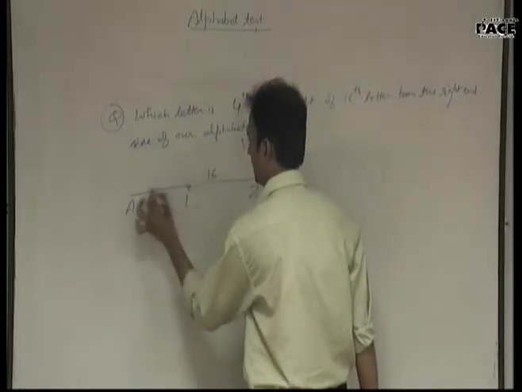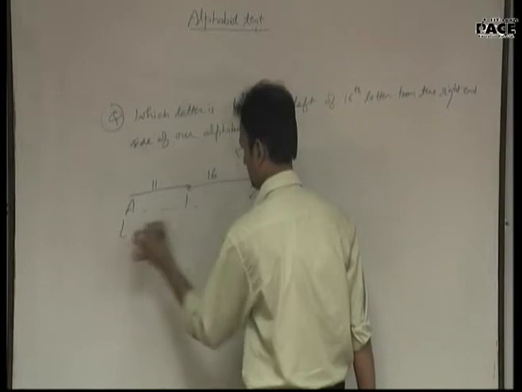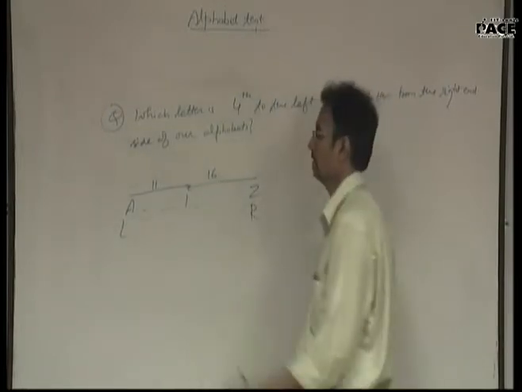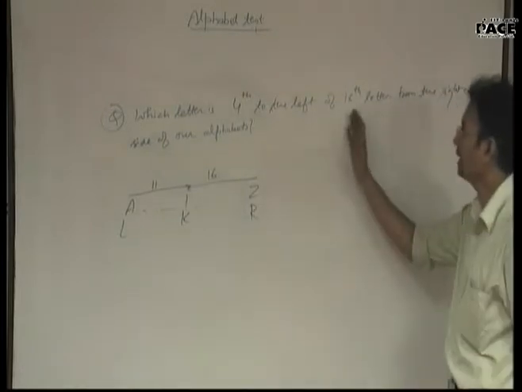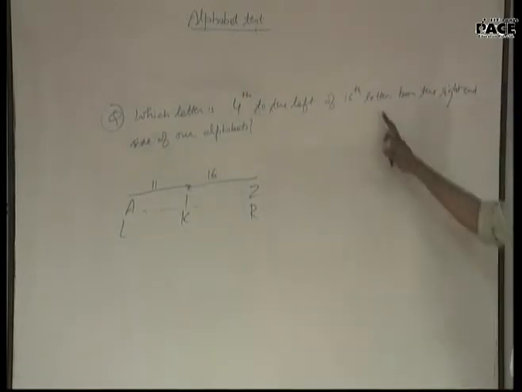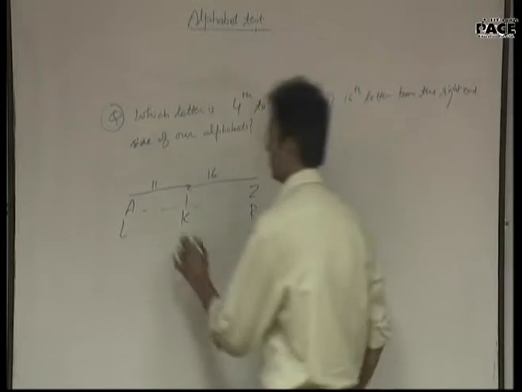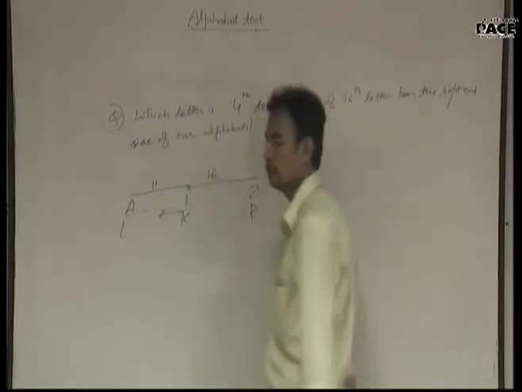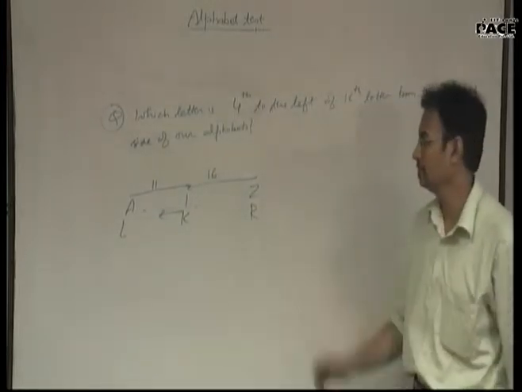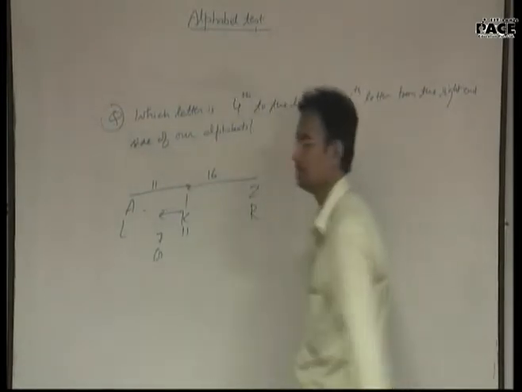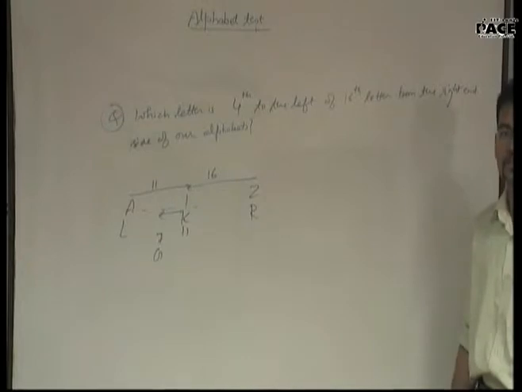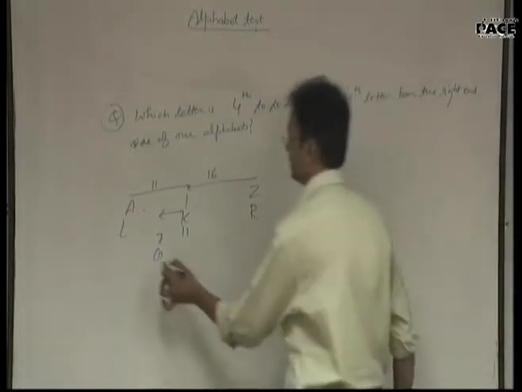That is 11th from the left hand side, which is K. And 4 to the left of this letter, so this will be in this direction. 4th to the left of this K. That is 7th. 11 minus 4, that is 7, which is G. So answer will be G.